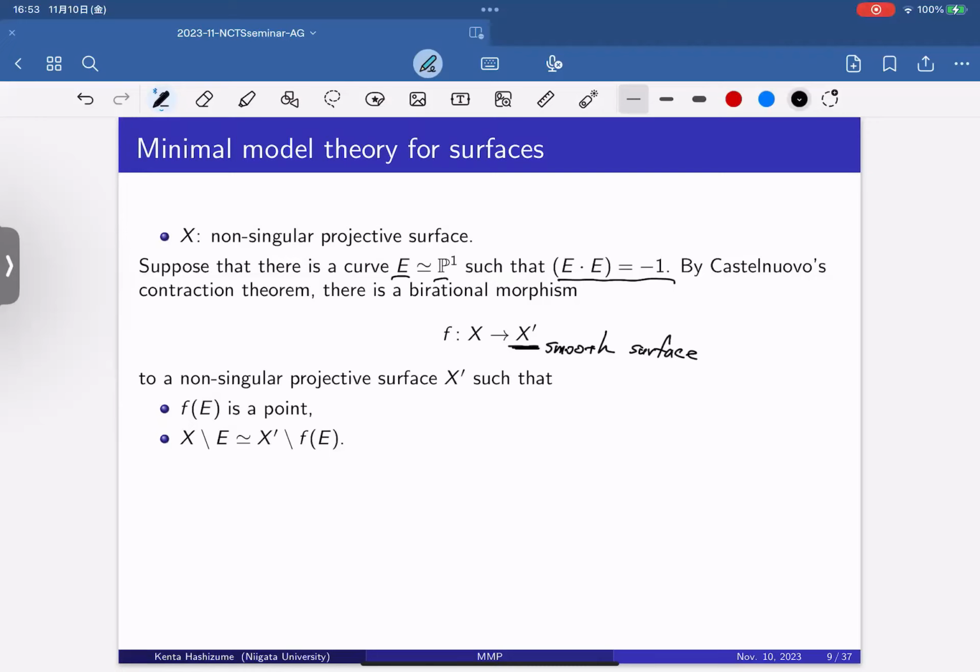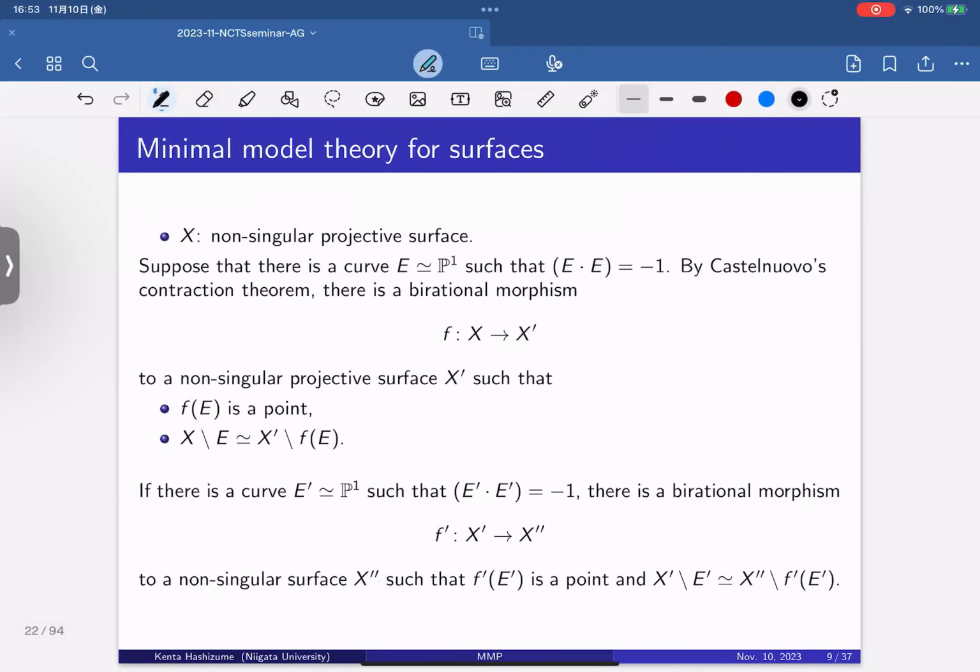Sorry, in this talk, non-singular is equivalent to smooth, because we will work over the complex number field. Now we get a new smooth variety X prime.